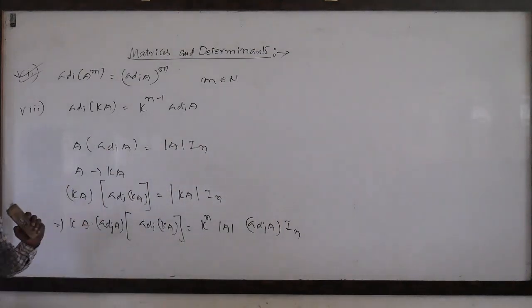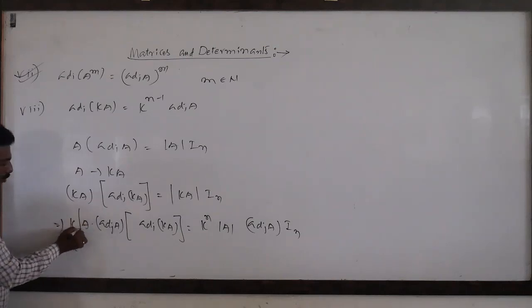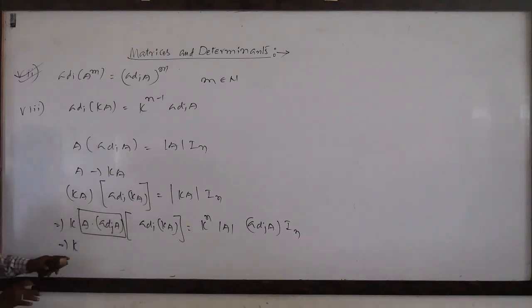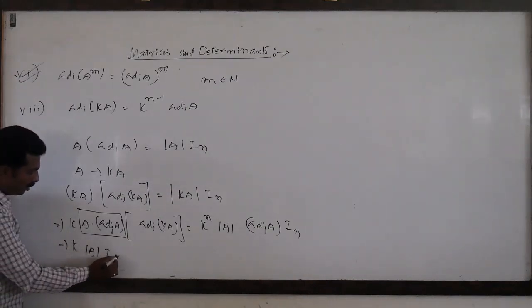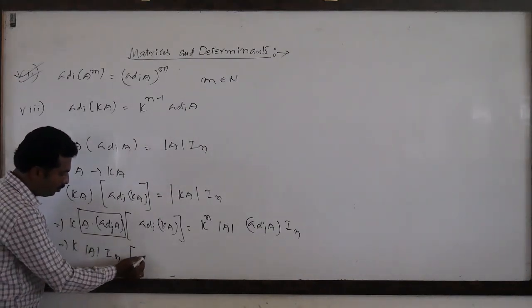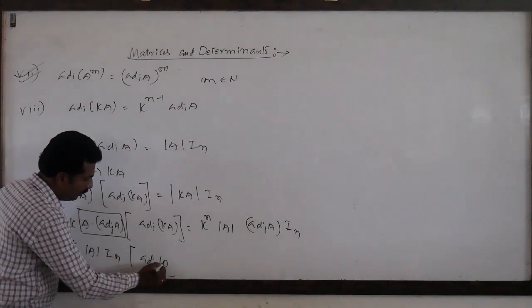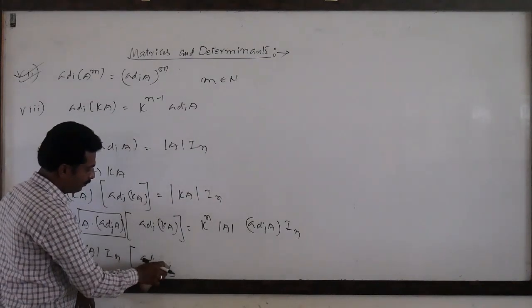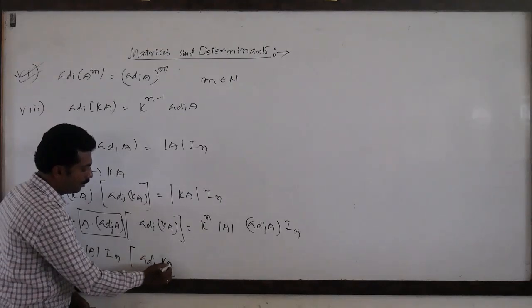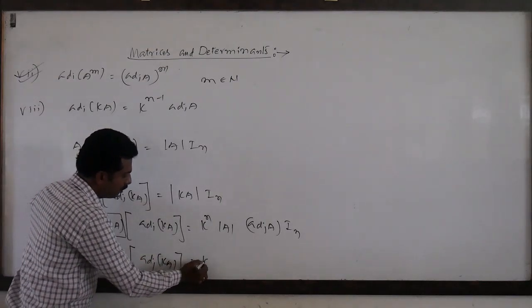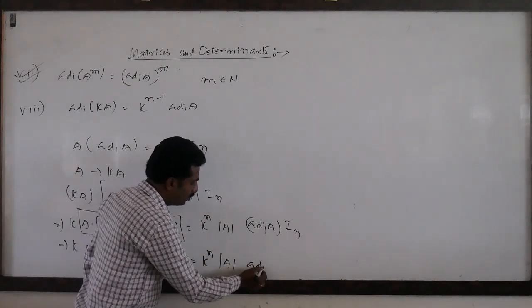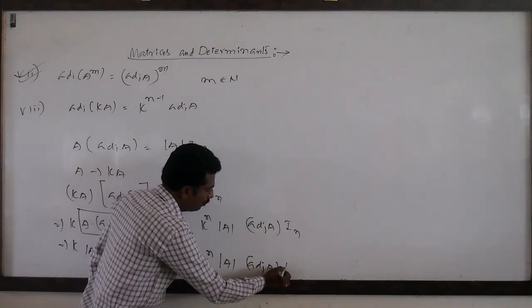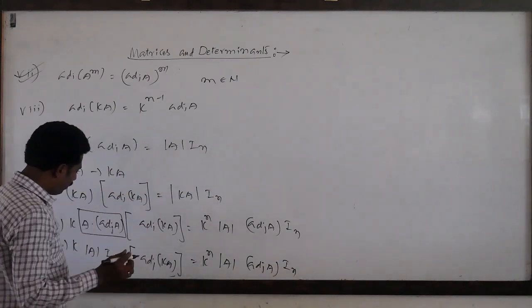Operating means multiplying. So from this you observe K into A into adjoint of A, nothing but A into identity matrix into adjoint of K A we have to take. So this is K power n into determinant of A into adjoint of A into I n. Very clear.